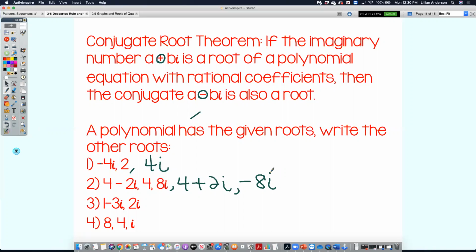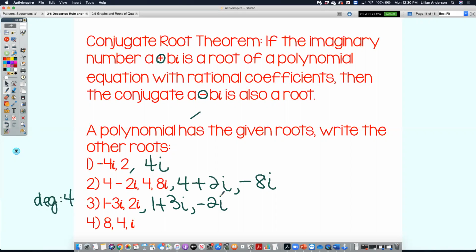If I look at number 3, what will be the degree of this polynomial? It'll be 4, because 1 zero is 1 minus 3i. The second 0 is 2i. What's the third one? 1 plus 3i. And then the fourth one would be negative 2i.